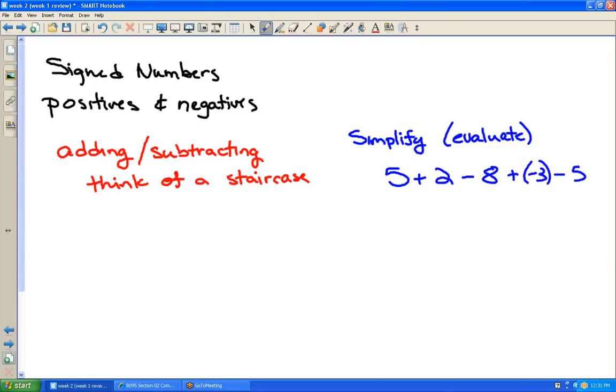If I'm looking at the separate terms, I have a plain old 5. My second term is plus 2. My third term would be negative 8. Minuses and negatives morph into each other. My fourth term is negative 3. They kept it in parentheses, so I definitely see that it's a negative 3. And my last term is a negative 5. Which I don't really like, so I'm going to make it 15.